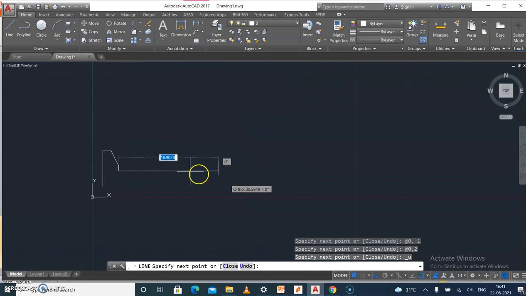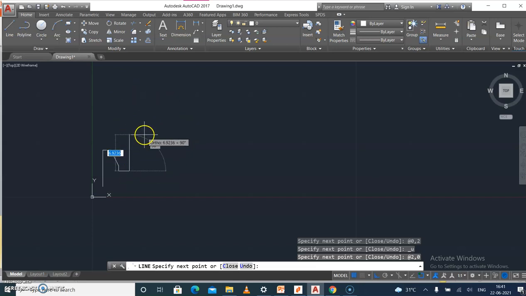No, it is wrong. Y is 0 and x is 2. So 2 comma 0. Enter. Then we want the y-axis line. X is 0. So 0 comma 1. Enter.